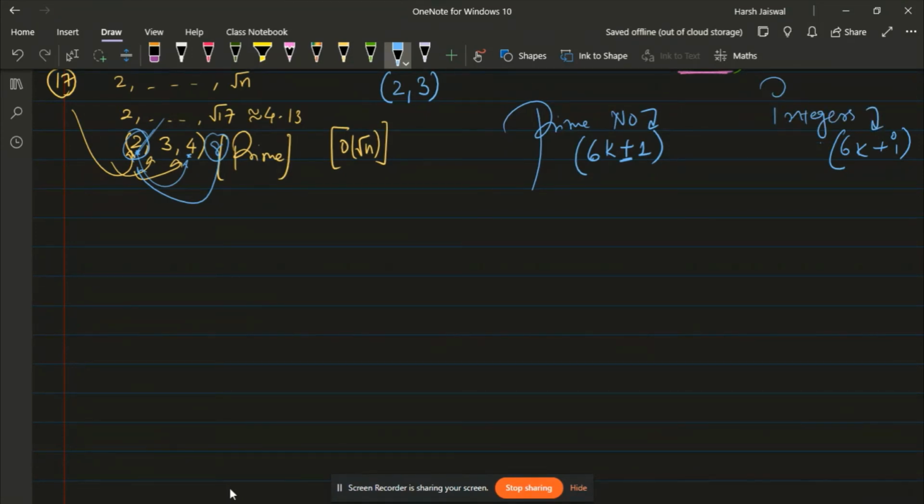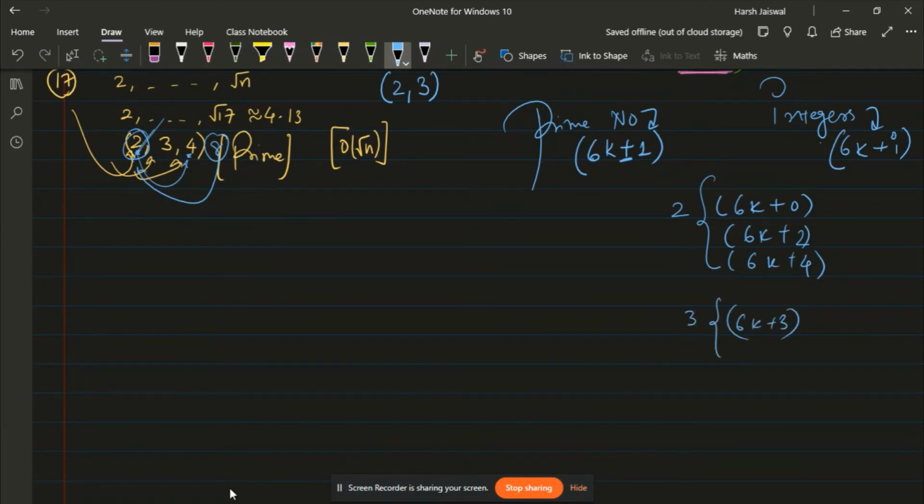So if we say 2 divides some numbers, 2 is going to divide numbers like 6k plus 0, 6k plus 2, 6k plus 4. So 2 divides all these numbers. Similarly, 3 divides all numbers like 6k plus 3.